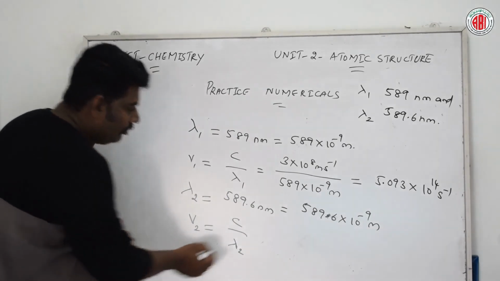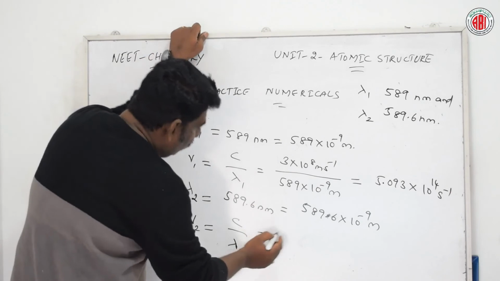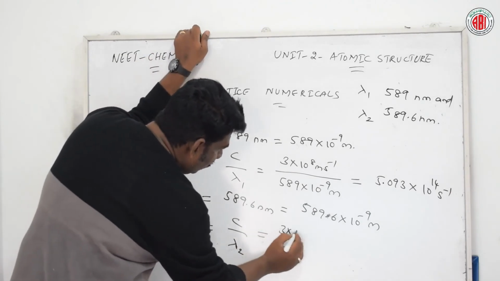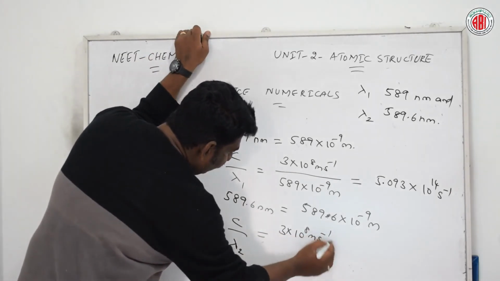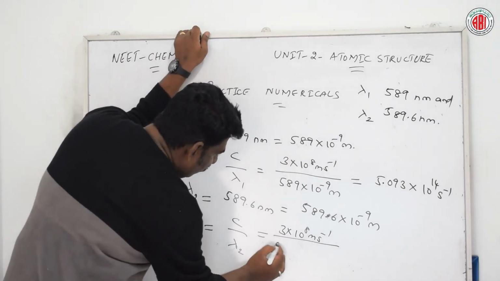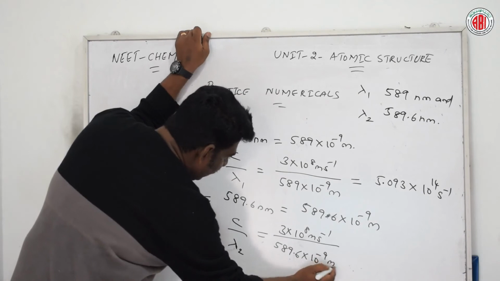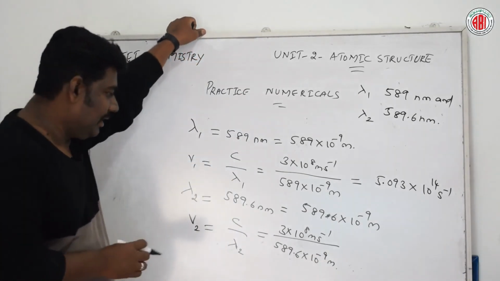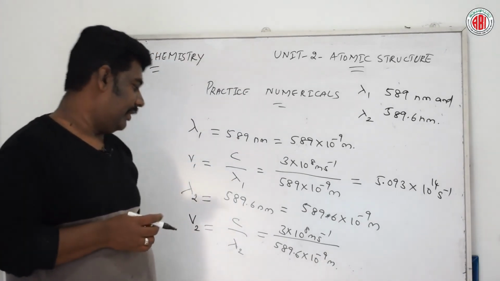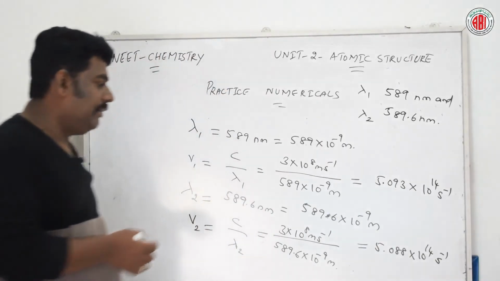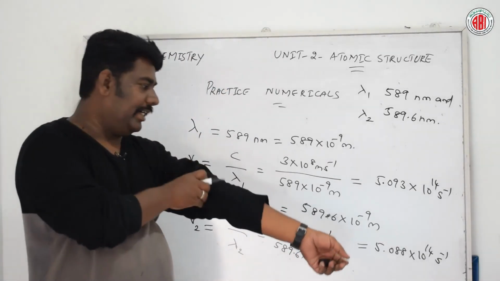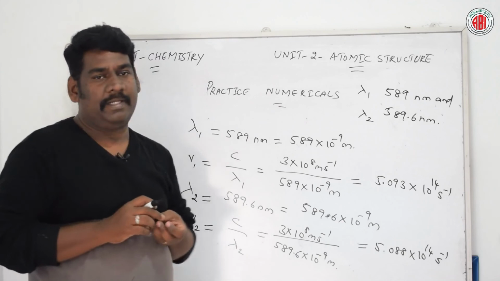The same format we are going to follow: C value 3 into 10 to the power of 8 meter per second divided by 589.6 into 10 to the power of minus 9 meter. Meter cancels, second is left over. Simplifying this, we get 5.088 into 10 to the power of 14 per second.